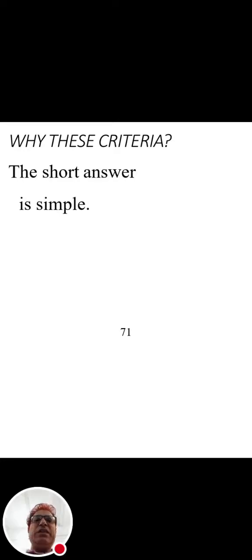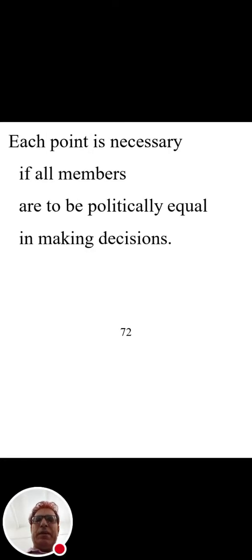Now, why these criteria? Robert Dahl says these 5 criteria are a must for a democracy. Now he explains why he has selected these 5 criteria. He says the short answer is simple.